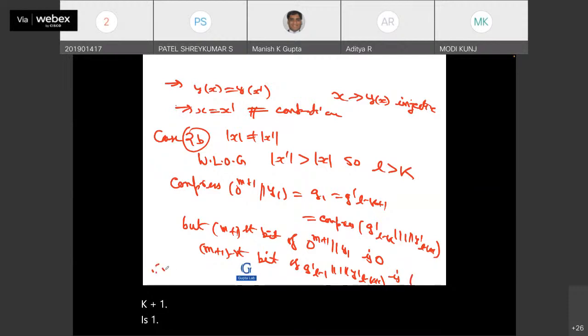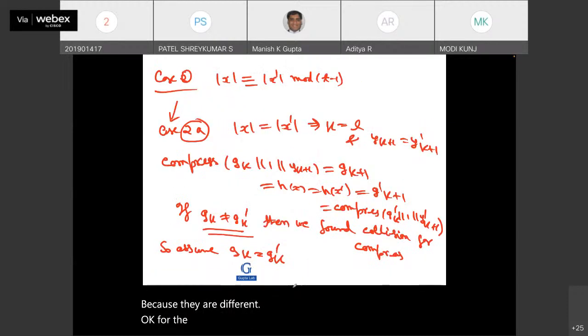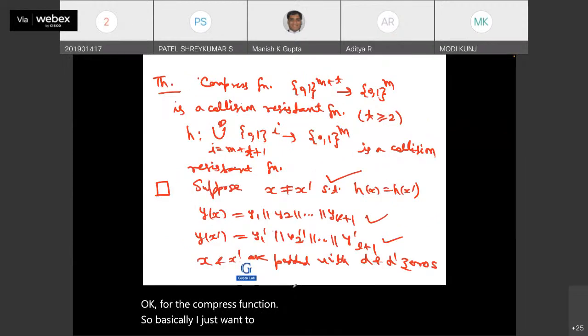Therefore, we find a collision because they are different, for the compress function. So basically, I just want to summarize that if the compress function is a collision resistant function, then the hash function is a collision resistant function.